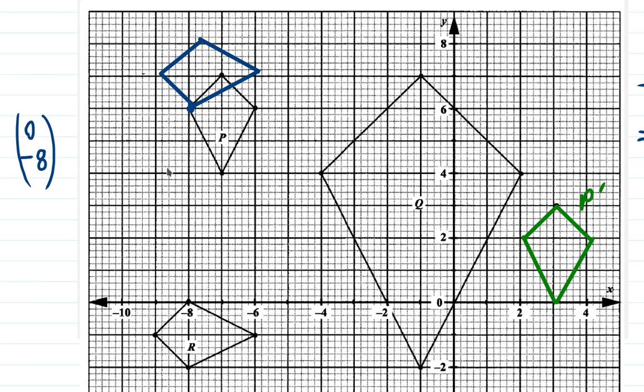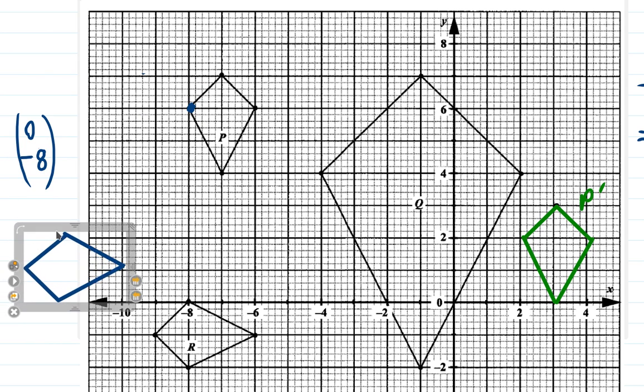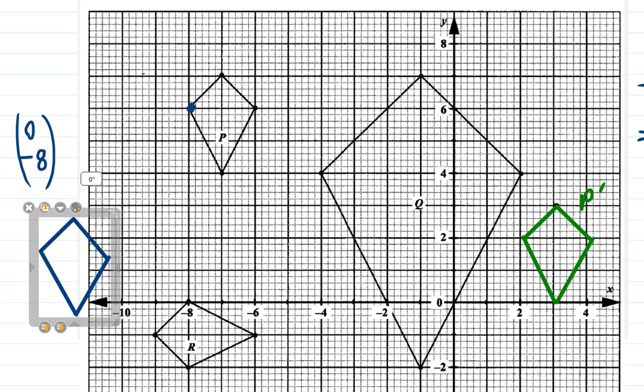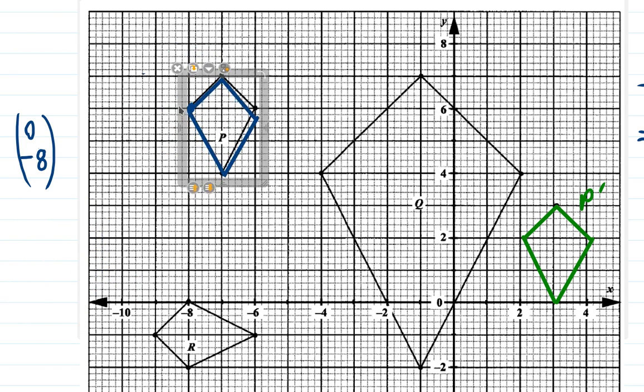You could have had the translation first, or it slides down. If you do that, what you would have to do is slide it down 8, and then after that you rotate it.